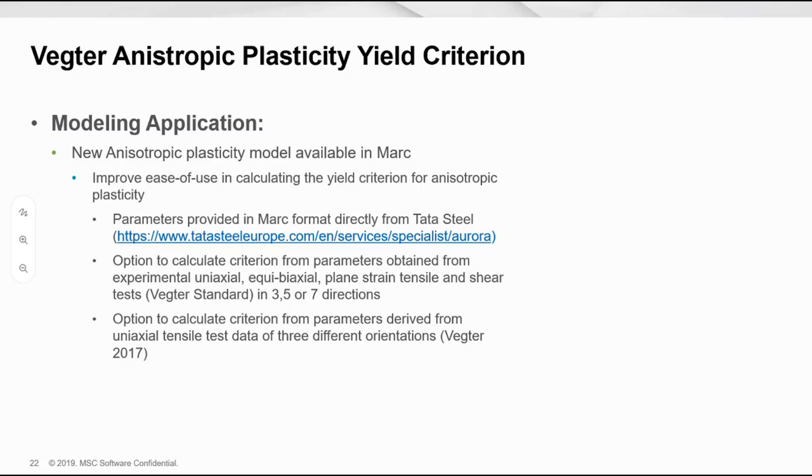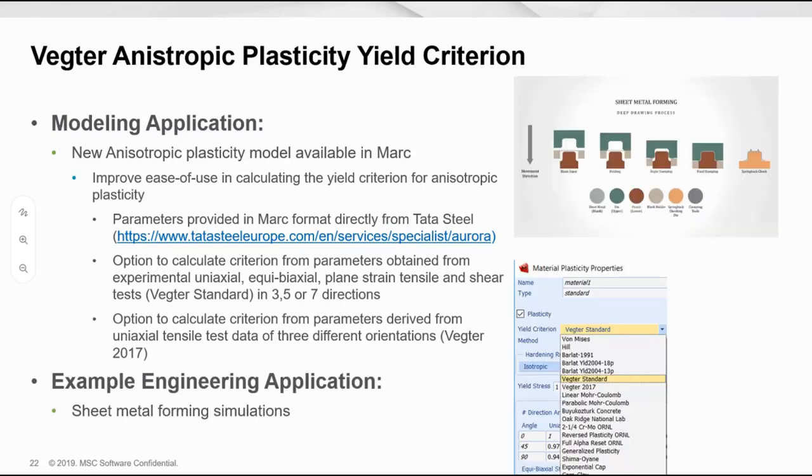This is called the Vegter 2017. This can greatly simplify defining the behavior for the yield criteria. The main engineering application of this criterion is sheet metal forming simulations. Next we will go through the implementation of this criterion.